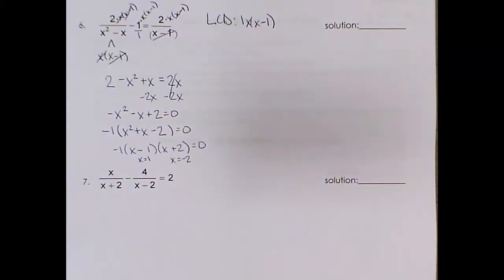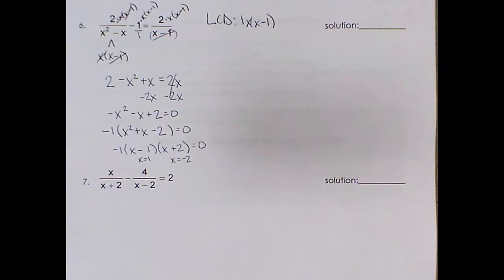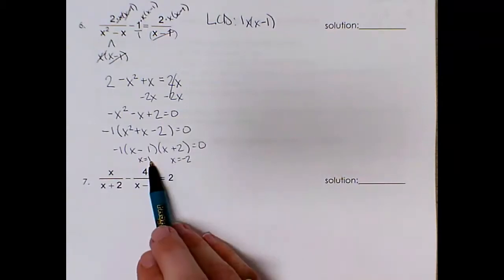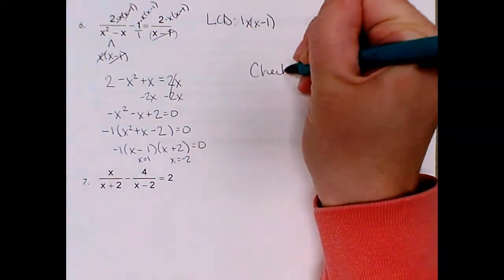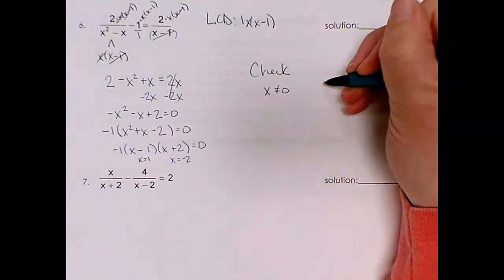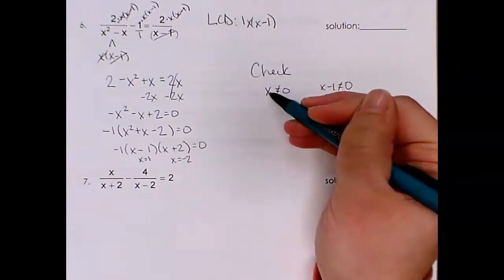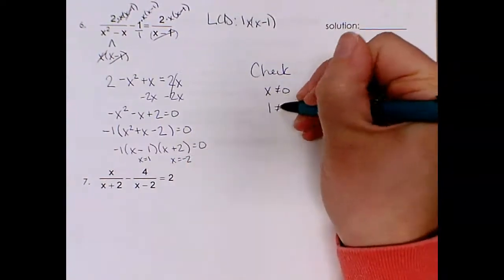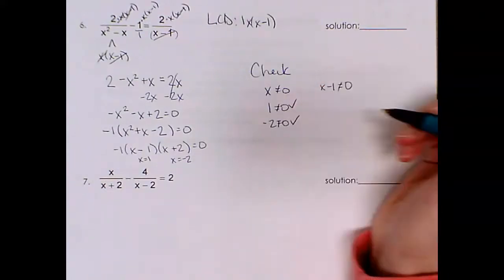I need to check and make sure that neither of these solutions would give me 0 in the denominator. So let's just check x, and let's check x minus 1. If x is 1, that's okay. If x is negative 2, that's okay.